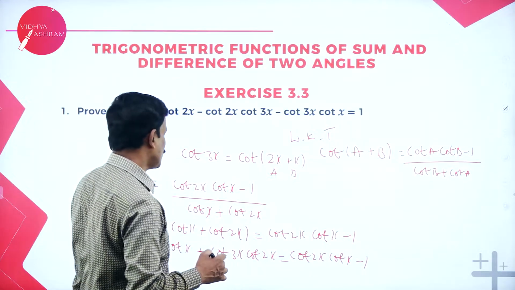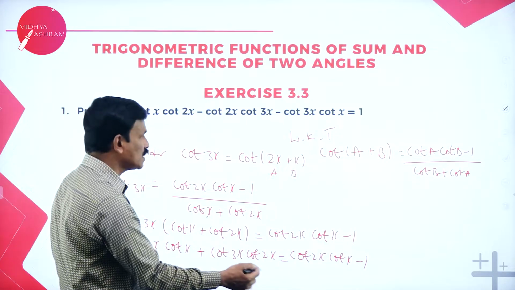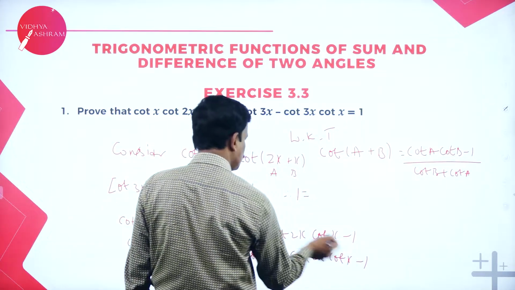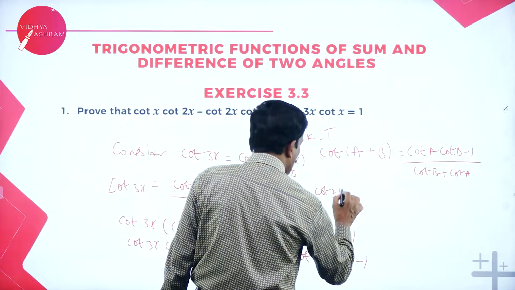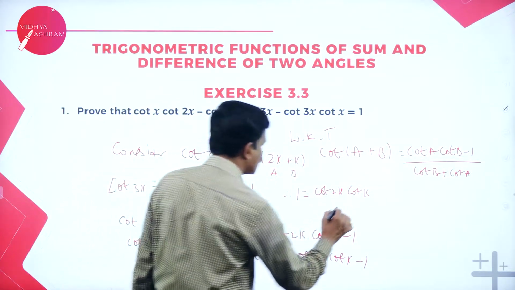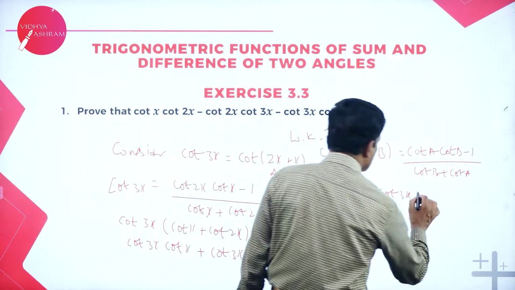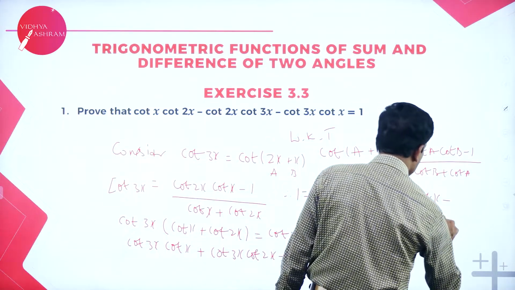Now, what is required is just to transfer this minus 1 to the left hand side and the remaining terms to the right hand side. Then we will get 1 is equal to, minus 1 becomes plus 1, cot 2x cot x as it is, and transfer these quantities: minus cot 3x into cot x, minus cot 3x into cot 2x.